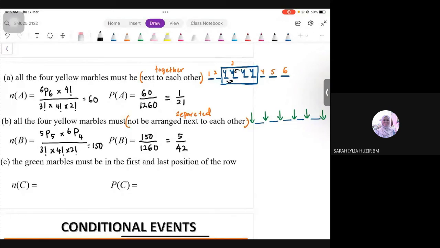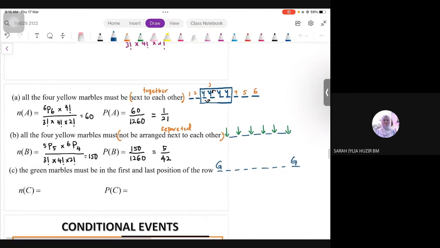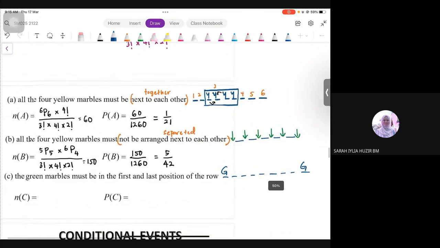Alright. Last one. So the green marble must be in the first and last position. Okay, kita ada 9 marbles. Saya buat 9 space. 1, 2, 3, 4, 5, 6, 7, 8, 9. Green must be in the first and last space. Okay, so check back how many green marbles do we have? Green altogether kita ada 2 je. Okay, ingat ada 2 je.